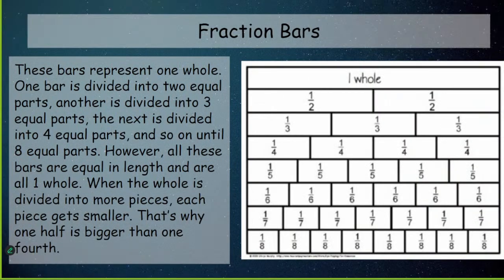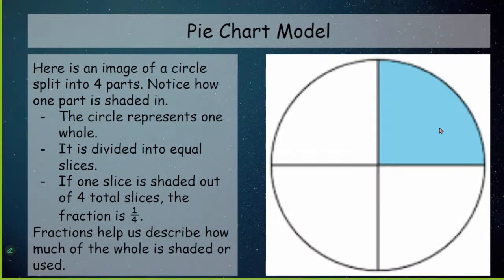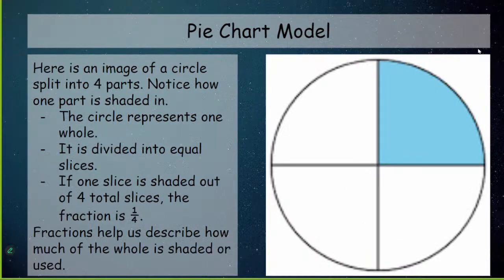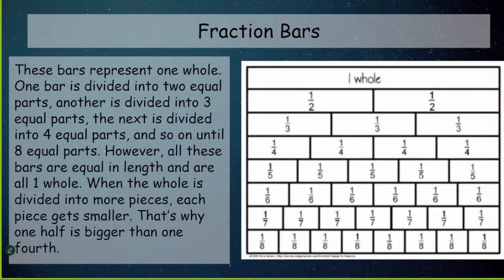Fraction bars. These bars represent one whole. You see how we used the circle to represent one whole? There's another way of representing it, and that's with fraction bars. If you imagined this as a pizza, you can imagine fraction bars as chocolate bars. If this is one whole chocolate bar, it can be split into halves, into 2 pieces.